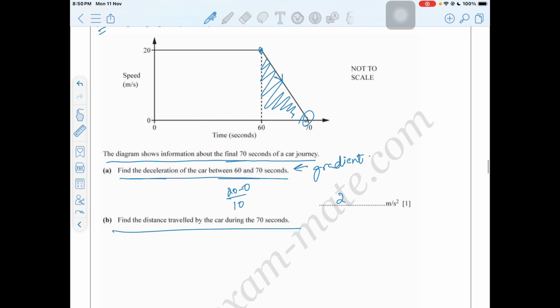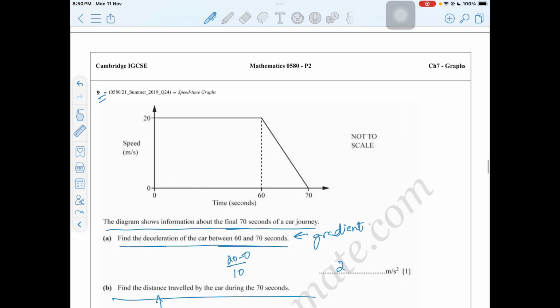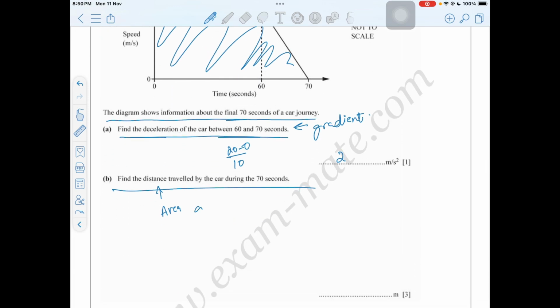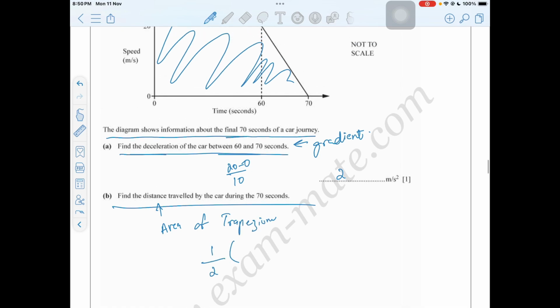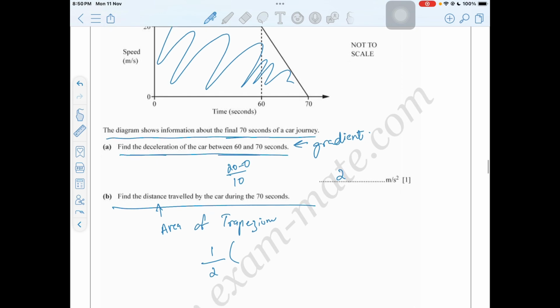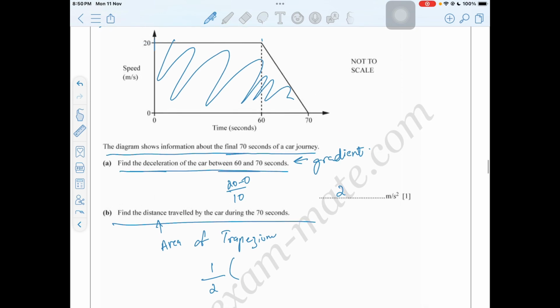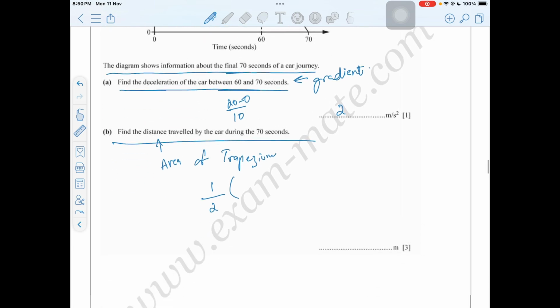Now find the distance traveled by the car during the first 70 seconds. Let's just calculate the area. For distance, we have the area, right? So we'll be using again the trapezium, right? Area of trapezium, which is given as 1 over 2, and we have this till this, we have 60 and 70, right?